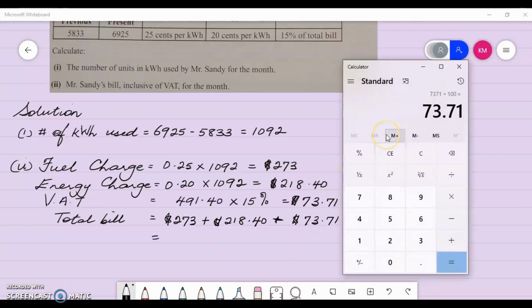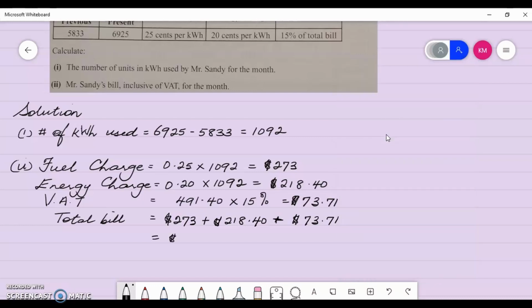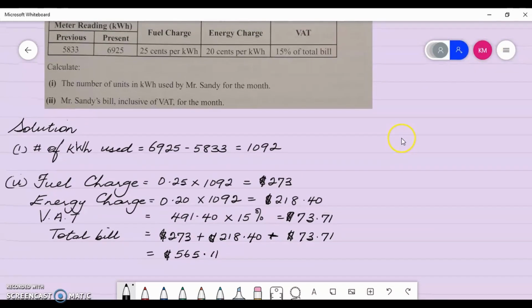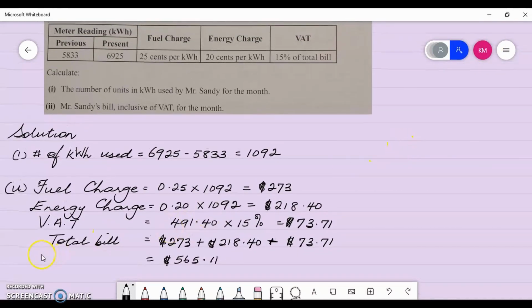So let's add that. $0.74 plus $2.18 plus $2.73 gives me $5.65. So that there is Mr. Sandy's total bill inclusive of VAT for the month.